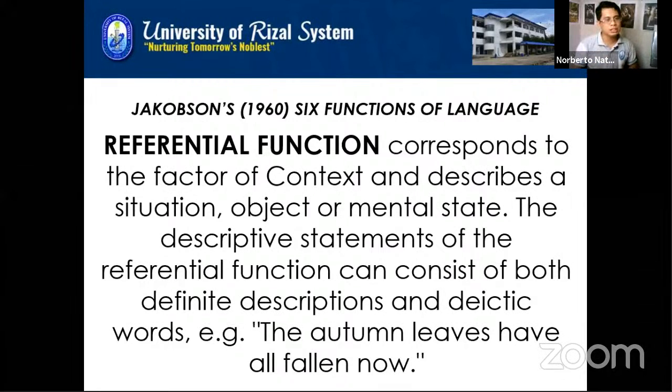Now, if you will be asking, sir, is it possible that in a statement there is crisscrossing of functions? Yes, that is possible. When you are in a conversation, oftentimes you crisscross the different functions. Let's say in a statement, just like my previous example, I am hungry. Mark, give me some food. So there are already two functions, or actually three functions, reflected on that statement alone.